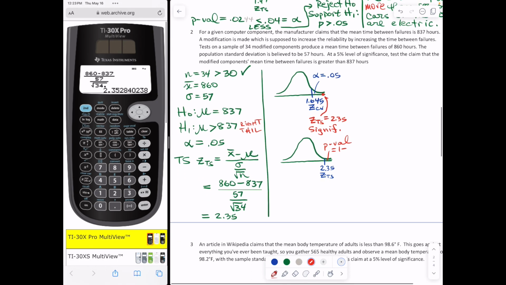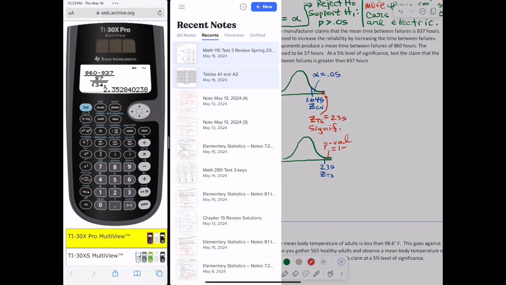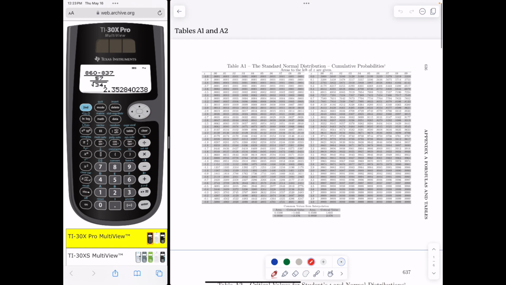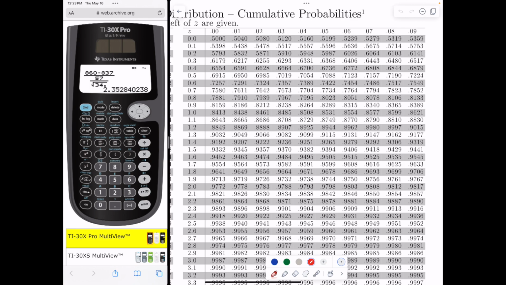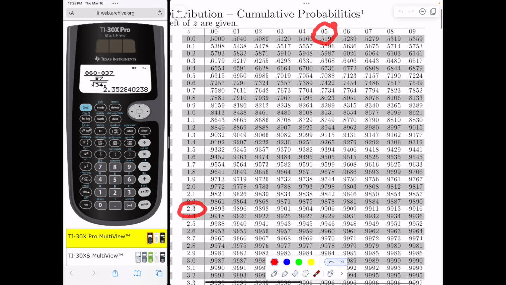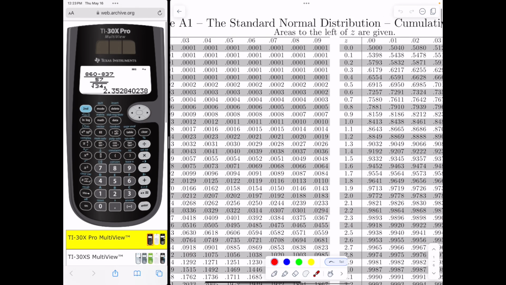So let's slide over to that table real quick. We're looking up 2.35 on table A1. So here's 2.3, here's 0.05, and it looks like we're going to do the 0.9906 here. Okay, so we'll put in a 0.9906 as the area to the left.